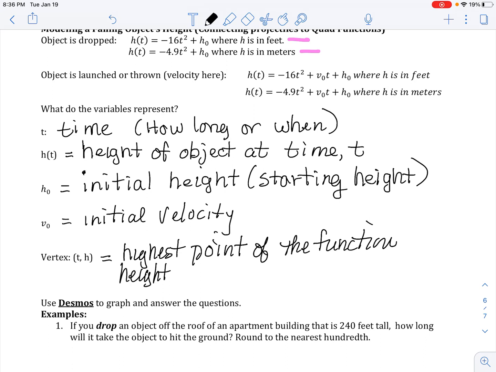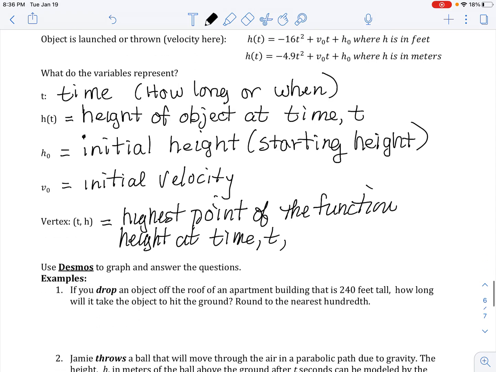Okay, so it is the height at time t. Now, that doesn't necessarily mean that is the initial point, because your object could be launched and therefore it's not at its highest point when the experiment begins.